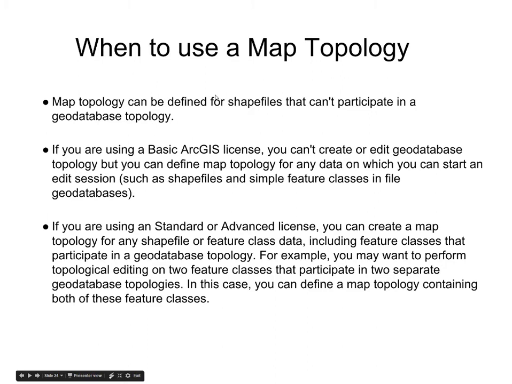You can use it on shapefiles. So it's something that's implemented at the application level through ArcGIS. It's not part of the data structure. You use it if you've only got a basic license, and if you've got some coincident, connected features that you need to model and keep connected.